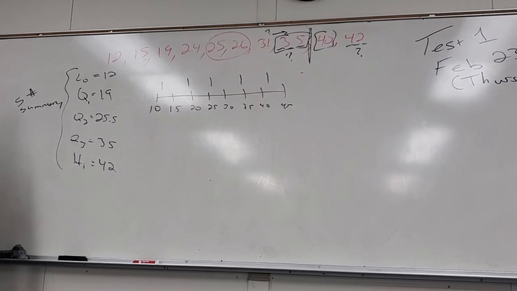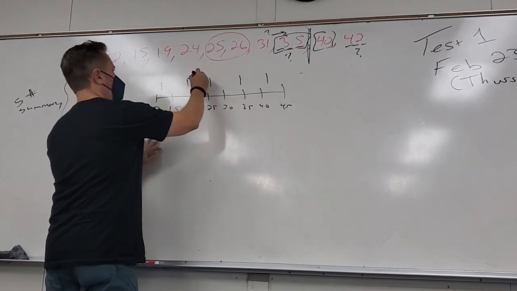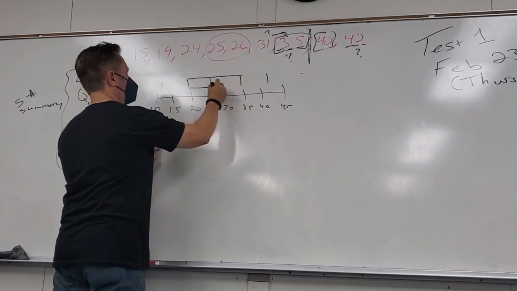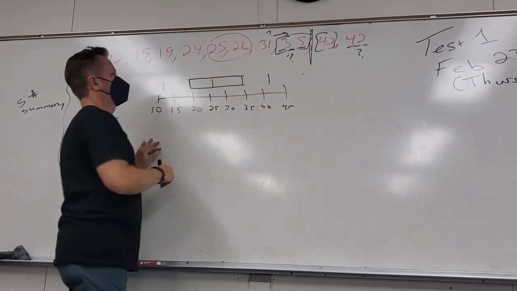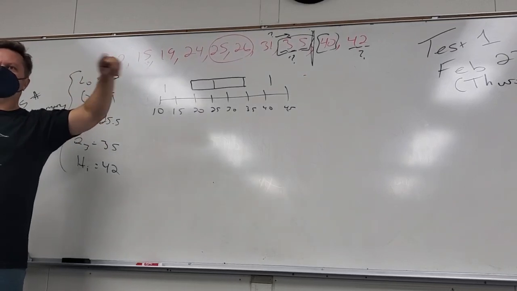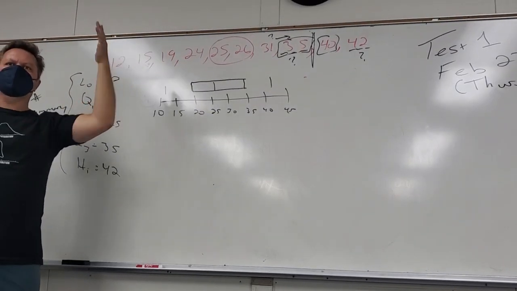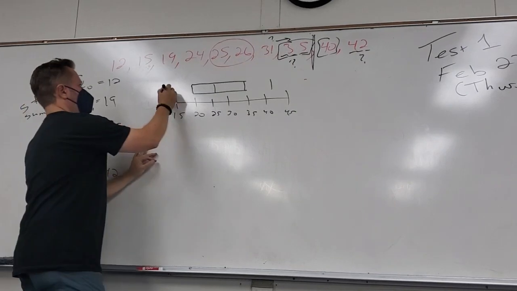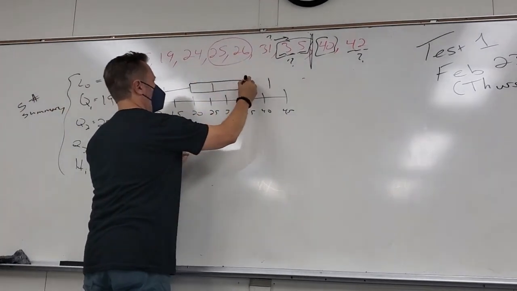So what I want you to do is the middle three, connect them in a box. And then the outer ones will be what we call the whiskers. Yes, this is a box and whisker plot. Yes, stats people are weird.